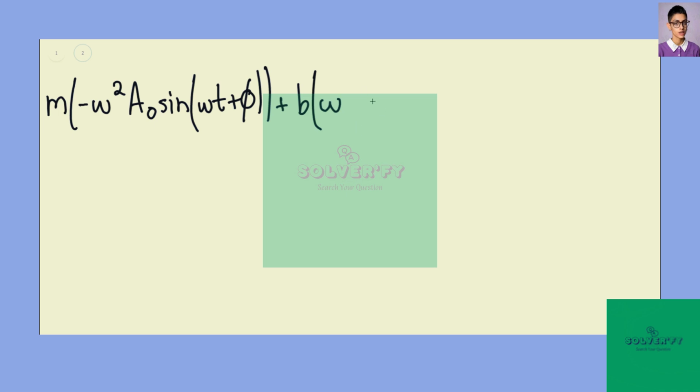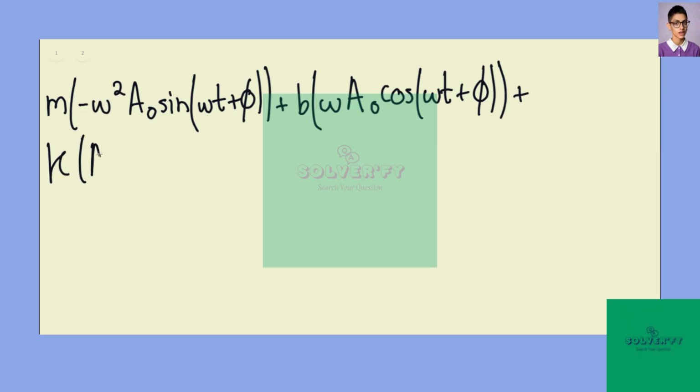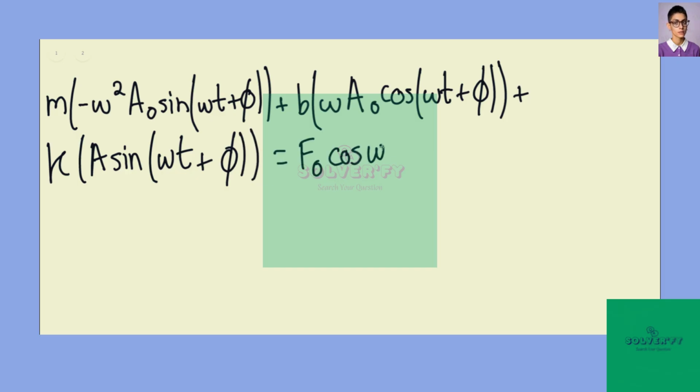And so this will be plus the damping constant times omega A naught times cosine of omega t plus phi. And then this will be plus k times A naught sine of omega t plus the phase constant. And this is equaling f naught cosine omega t.